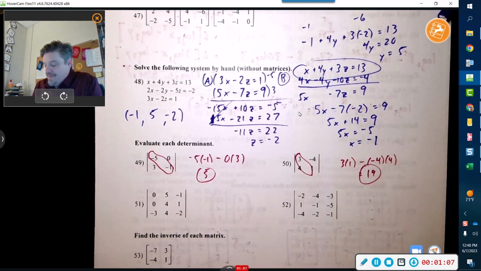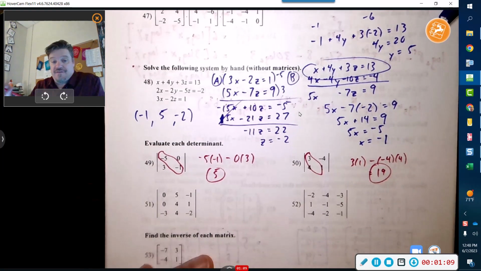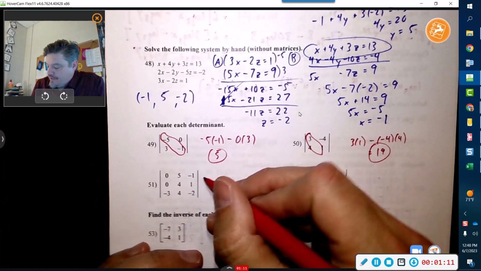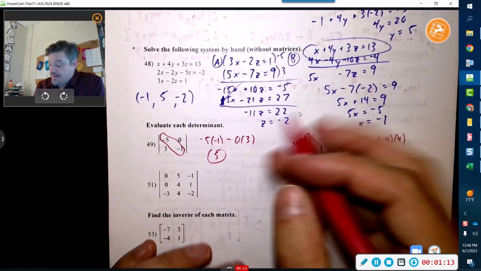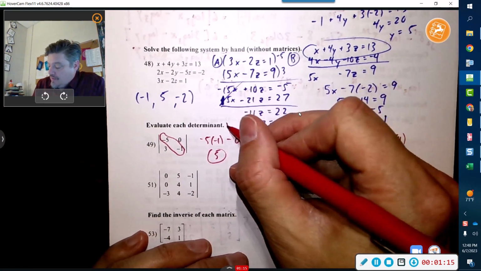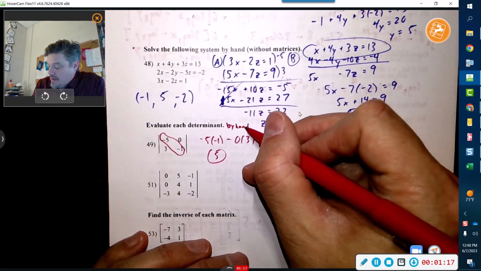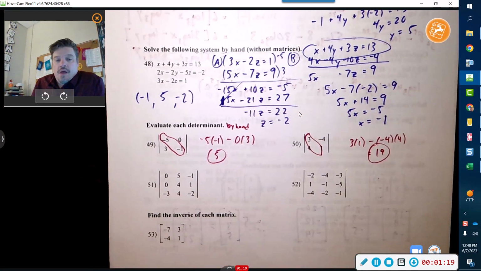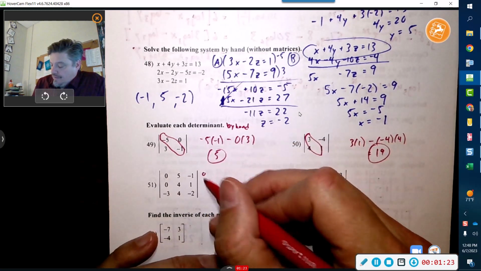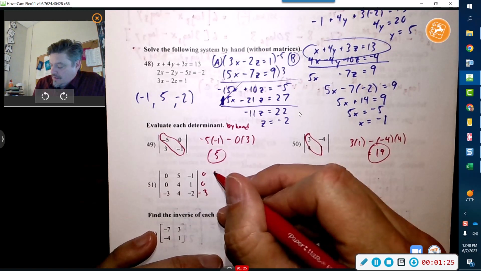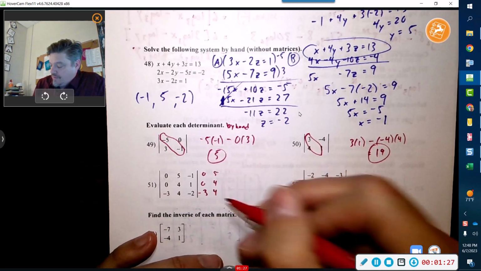Now, the determinant for this one is going to be a little different. We've got to add, and you have to be careful with these, and these will be done by hand. We rewrite these columns, but only do the first 4 rows.